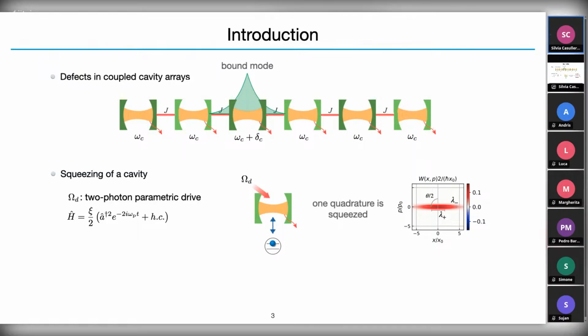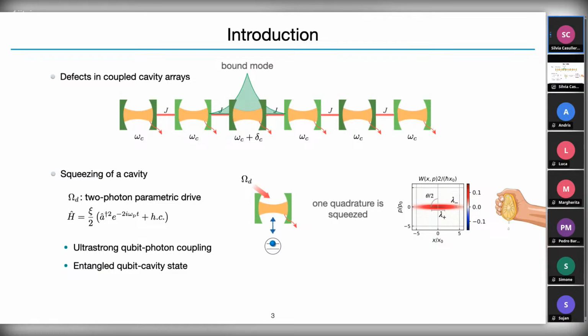And because you are squeezing, you can see that the amplitude of this field is increasing in a certain direction. Here you can modify what is happening in the system, and you can enter, for instance, the ultra-strong coupling between the qubit coupled to this cavity and the cavity. And then once you're in this regime, you can obtain highly entangled states between the qubit and the cavity.